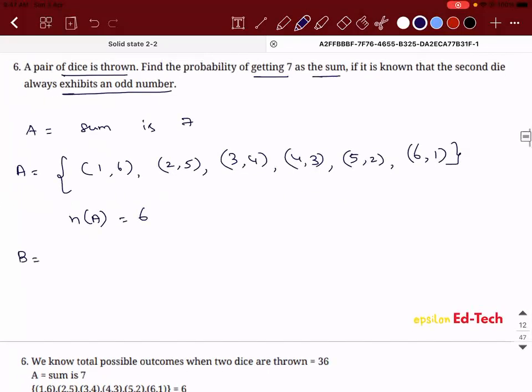So B is equal to the second die always exhibits an odd number. So what we will do is we'll write all the possibilities where the second die is showing odd numbers.